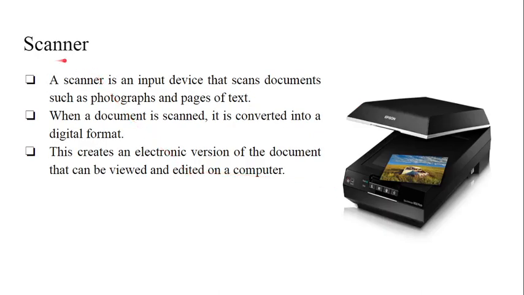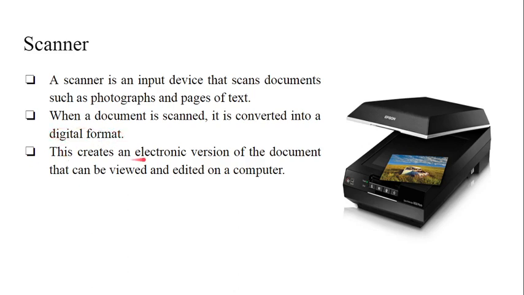Next is scanner. A scanner is an input device that scans documents such as photographs and pages of text. When a document is scanned, it is converted into a digital format. That is, the document is stored in the computer. All the data that is stored in the computer is of digital format.